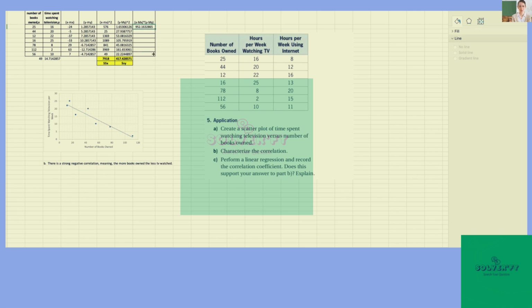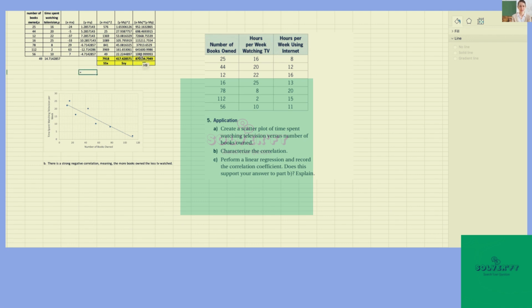I'm going to do that for each one, and then total that, and that's known as the sum of the products. And I'm going to box that off, yellow and bold.